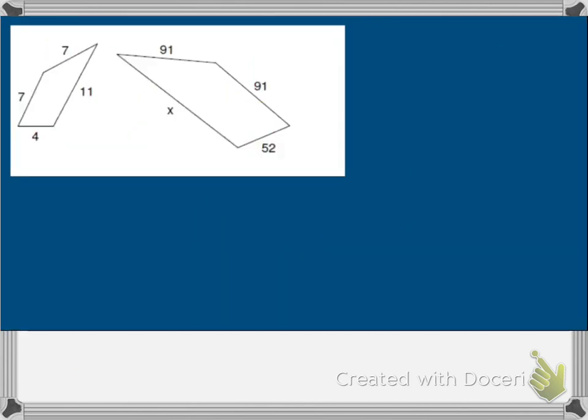Sometimes you've got something super complicated like this guy. You can see we have trapezoids here. And with these trapezoids, we have lots and lots of measurements, and we need to figure out what that missing measurement is, what that X is. So I'm going to say this is trapezoid A, and this is trapezoid B, and I'm going to use that to help me keep everything nice and organized.